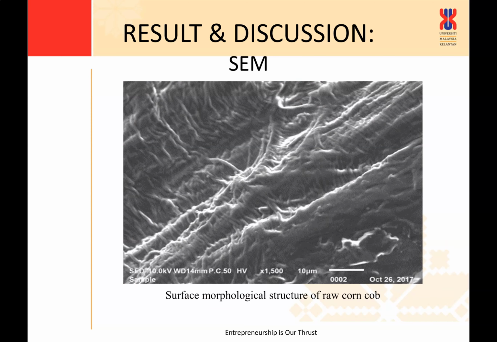This figure shows the surface morphological structure of raw corn cob before adsorption and after adsorption. This is the surface morphological structure of raw corn cob. We can see here that there were irregularities and no pores observed on the raw corn cob surface.